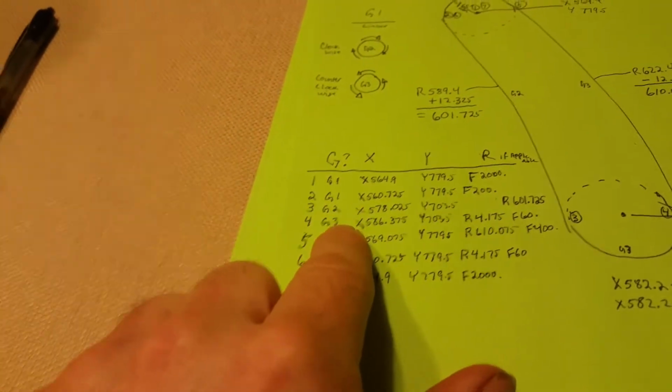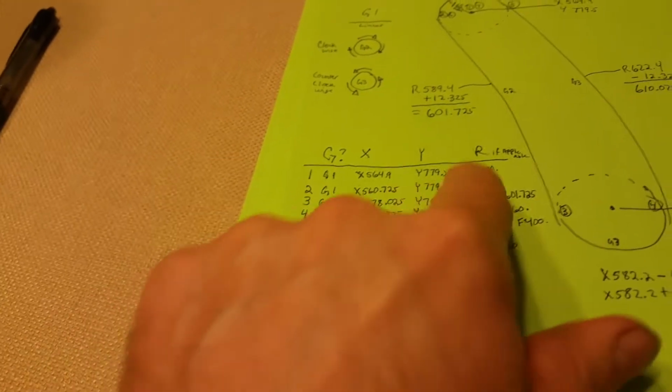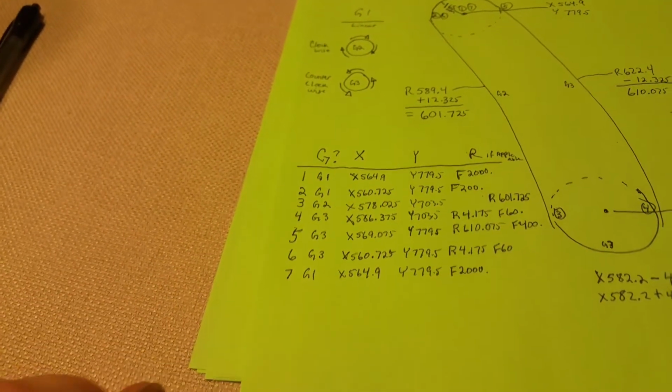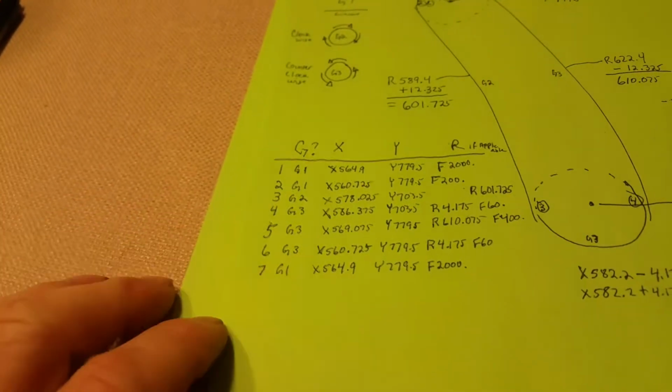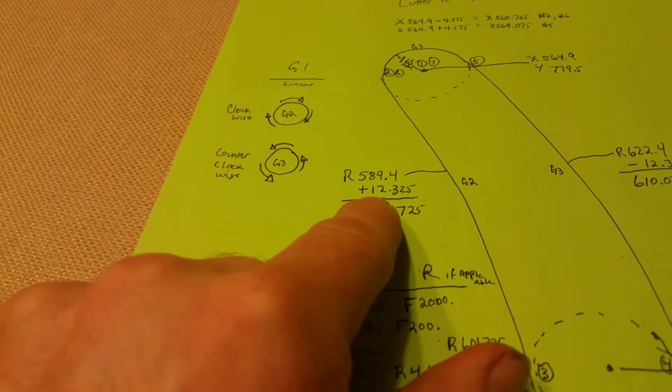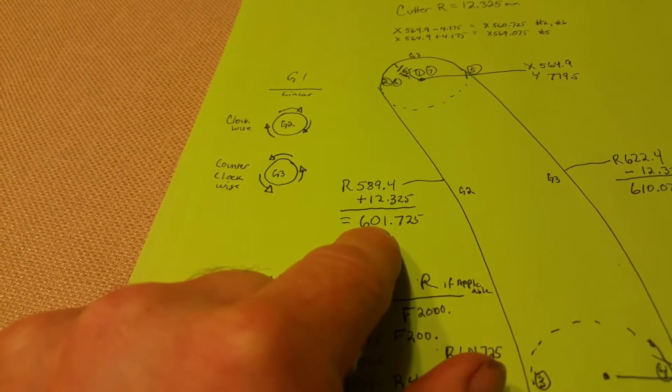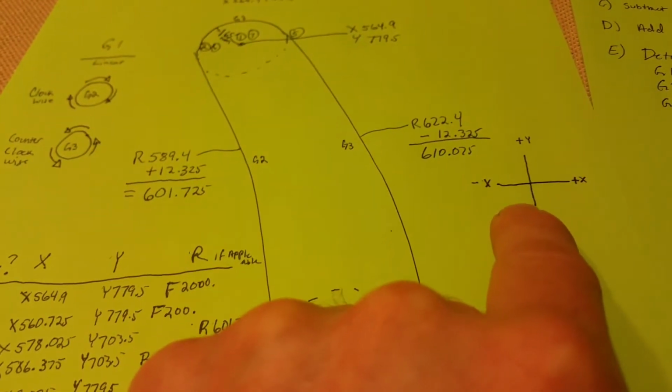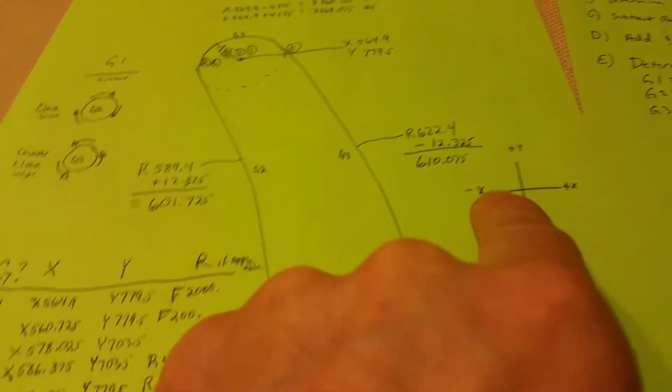Now, if you have a G2 or a G3, you need to define what the R is. Since we don't have cutter comp, we need to add the radius of the tool on this side. So here's your basic X plus or X minus.